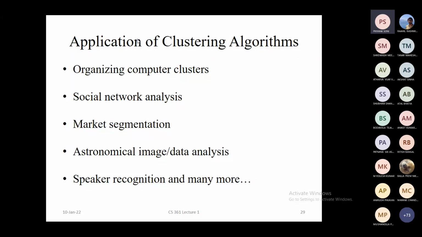So NASA and other institutes try to find habitable planets in nearby solar systems, or rather other kinds of systems. There is a lot of analysis, and a lot of astronomical data, images and videos are being taken. This is a huge thing. Speaker recognition and many other things are also applications.